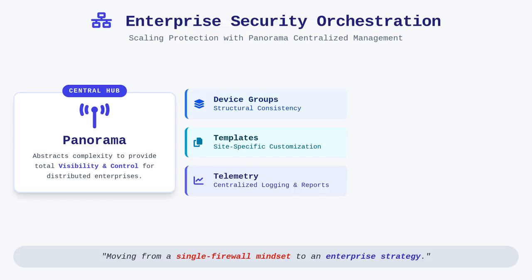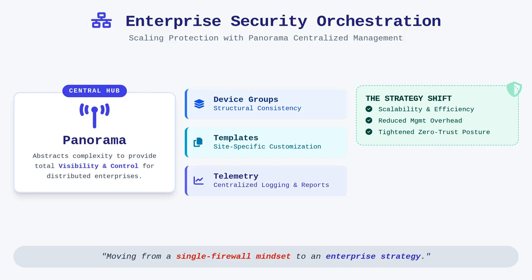When you transition from a single firewall mindset to an enterprise strategy, you shift your focus towards scalability and operational efficiency. The goal is to minimize the management overhead of the security fabric while simultaneously tightening the zero-trust posture across all segments of the digital infrastructure. High availability, whether through active-passive or active-active configurations, ensures that this central intelligence remains accessible even during hardware failures.